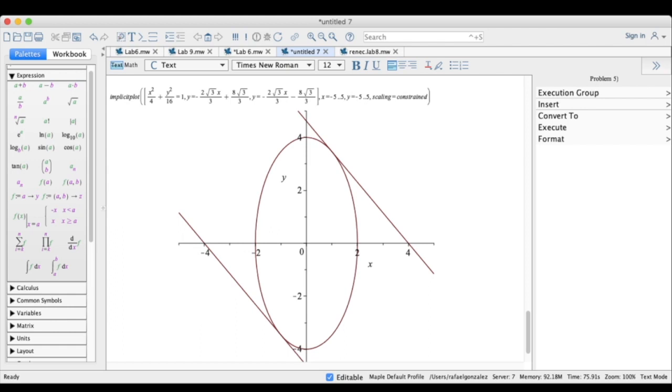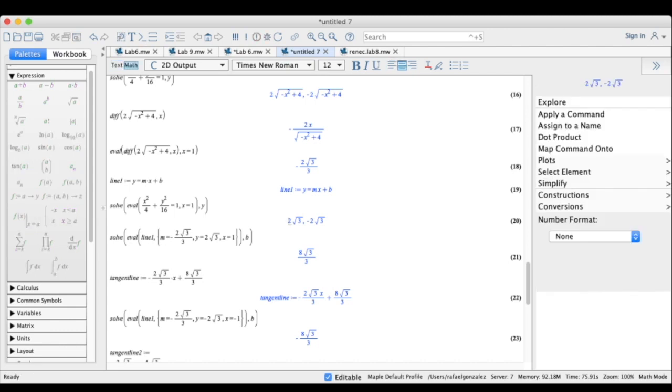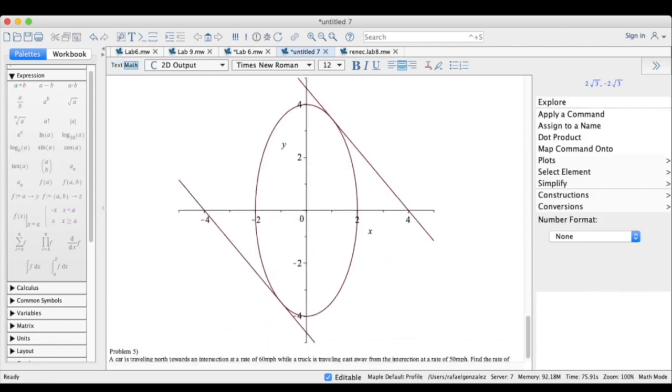One of them does it at the point 1 and 2 times square root of 3, that point we found up here, and the other one does it at -1 and minus 2 times square root of 3.